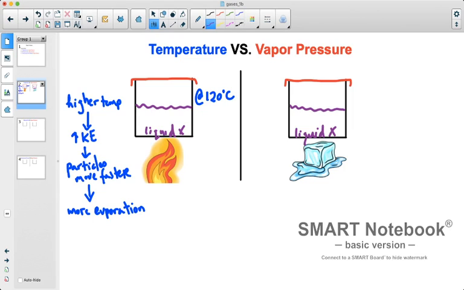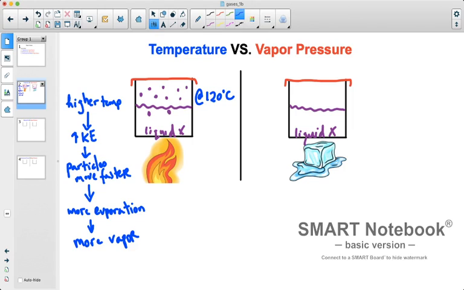So if we were to draw an image of that, say the surface liquid has a couple particles, but we're going to see a lot more evaporated vapor above the surface of the liquid. As we see more evaporation, we see more vapor. Naturally, as we have more vapor, each of the vapor particles is going to push on the container, push on the liquid.